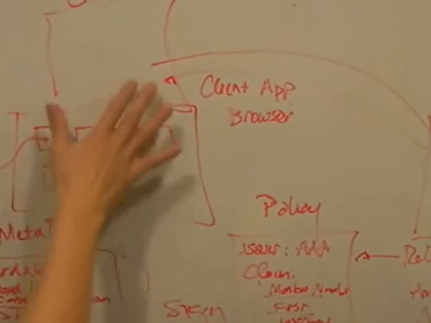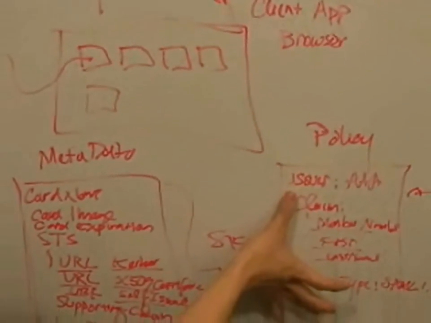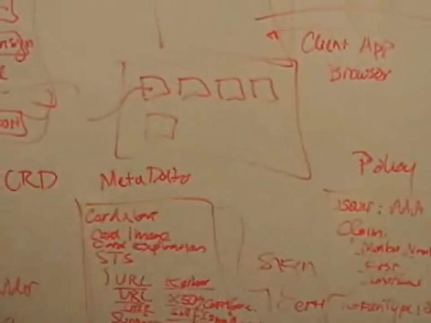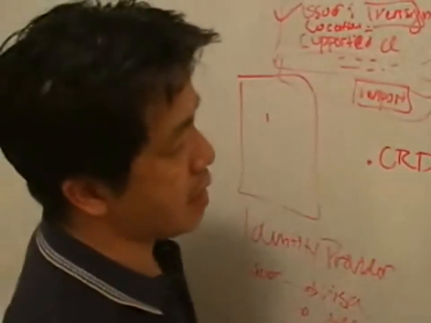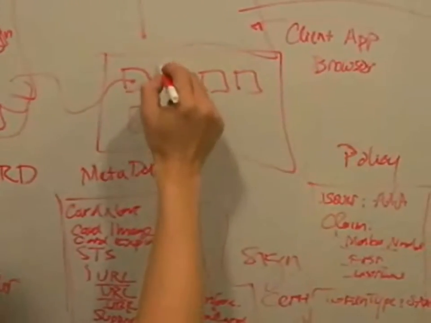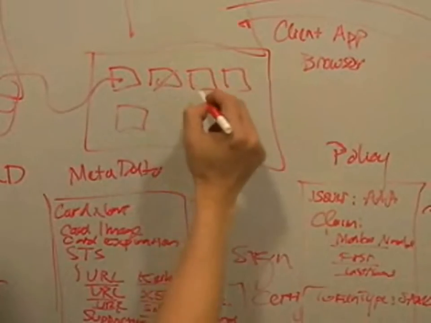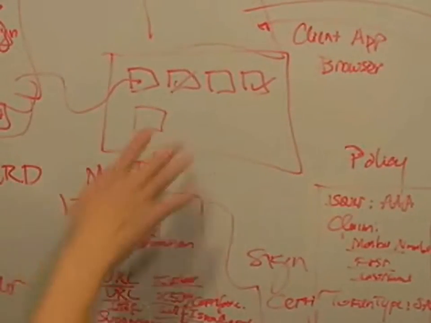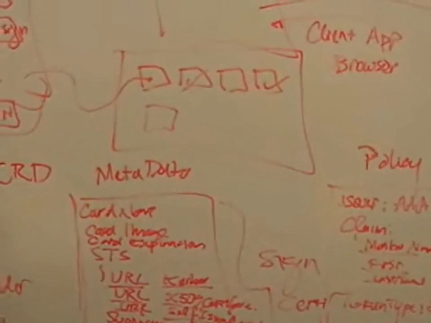So what happens is InfoCard will take these requirements and match that with the cards. Only cards that can satisfy the requirements will light up. So let's assume these two cards satisfy the requirements. So these will light up, and the rest will be grayed out. So you can only select the ones that meet the requirements. Correct. That makes sense.